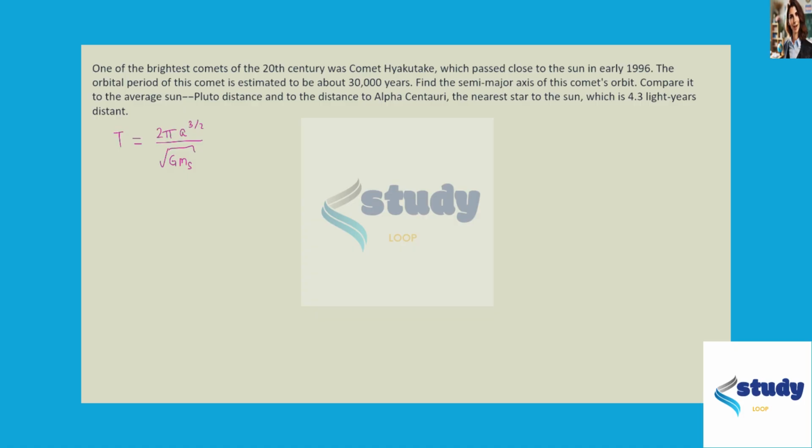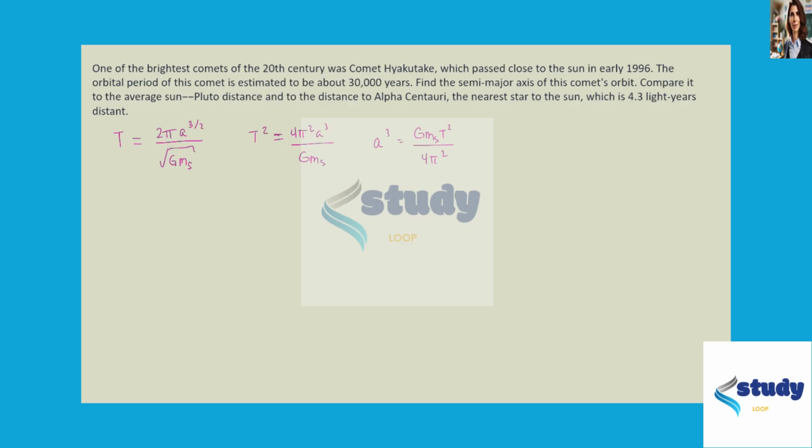So we need to rearrange this to solve for our semi-major axis a. We'll start by squaring both sides, and we're going to get a cubed equals G M s T squared over 4 pi squared.